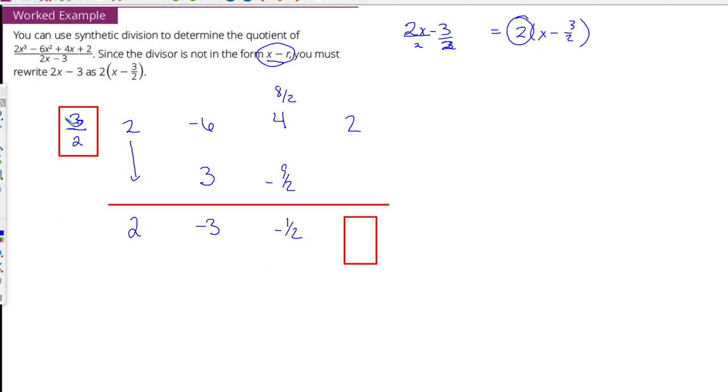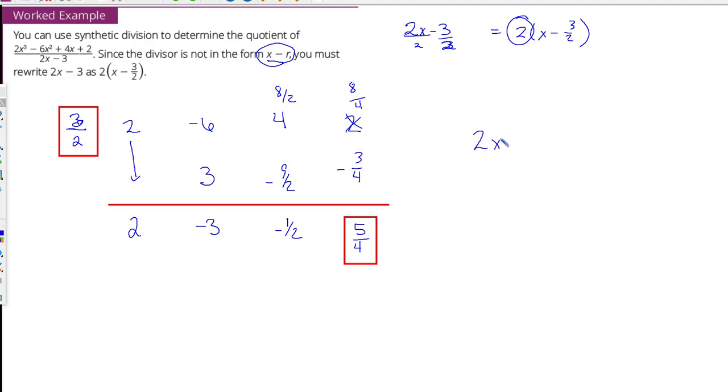So if I multiply to come over, that gives me a negative 3/4. So this is the same thing as 8/4. And so that would give me 5/4 as my remainder.